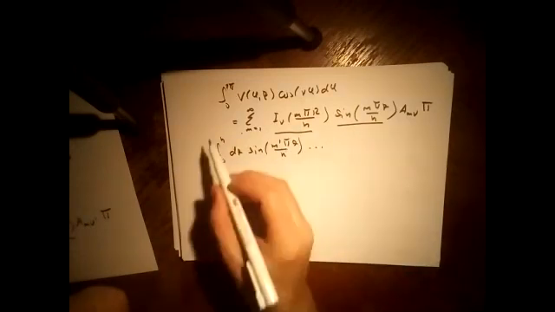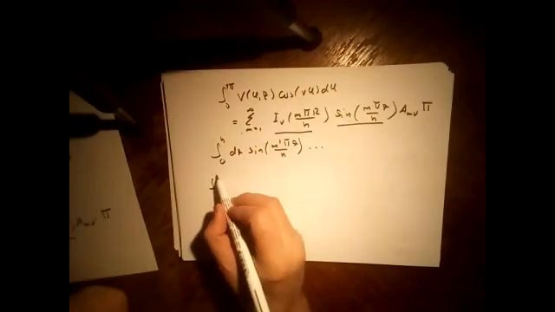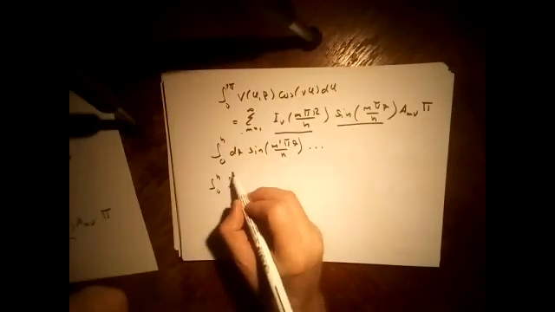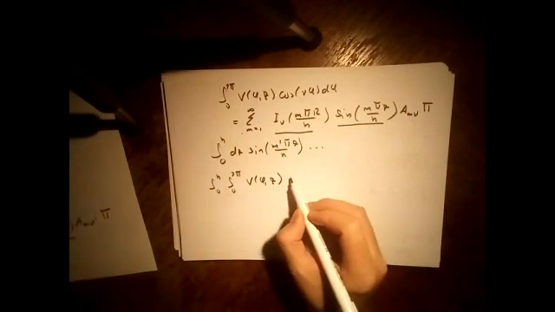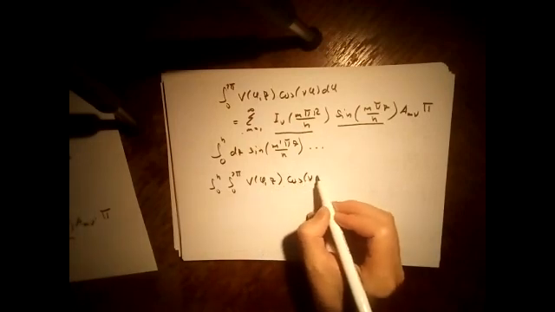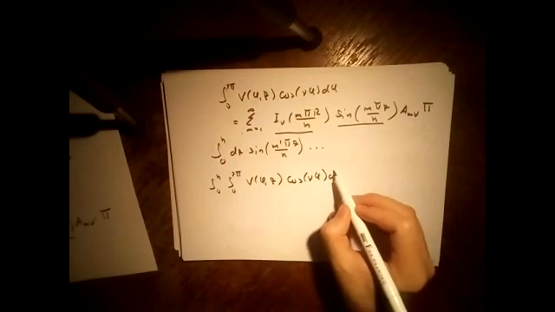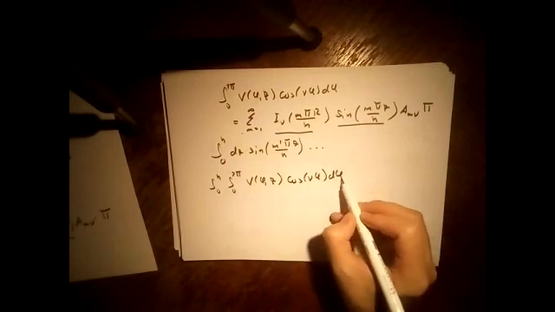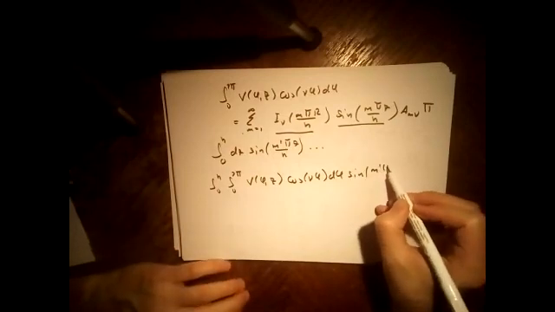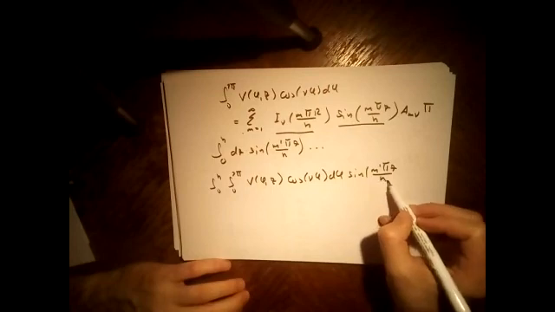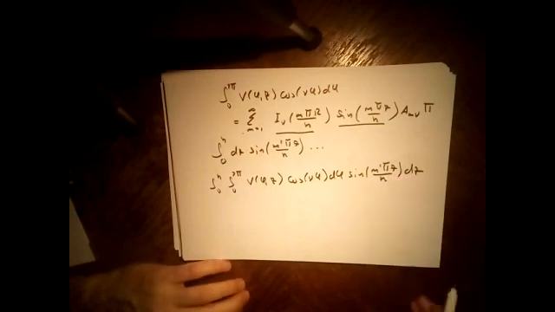On the left side, we're going to have the integral from 0 to h, 0 to 2π of v(φ, z) cos(νφ) dφ, and then sin(m'πz/h) dz.